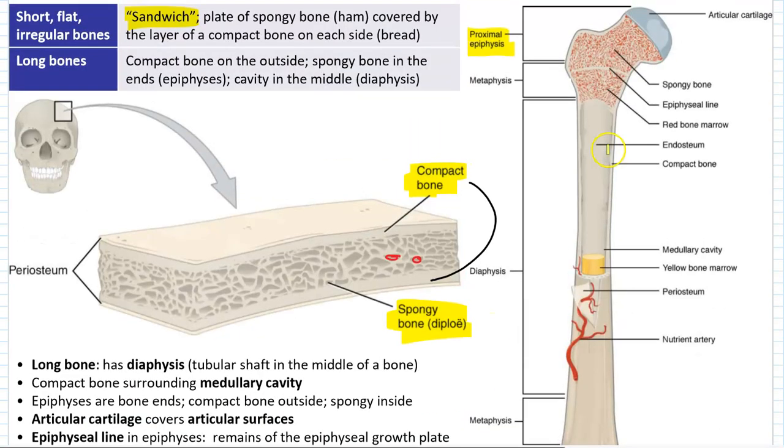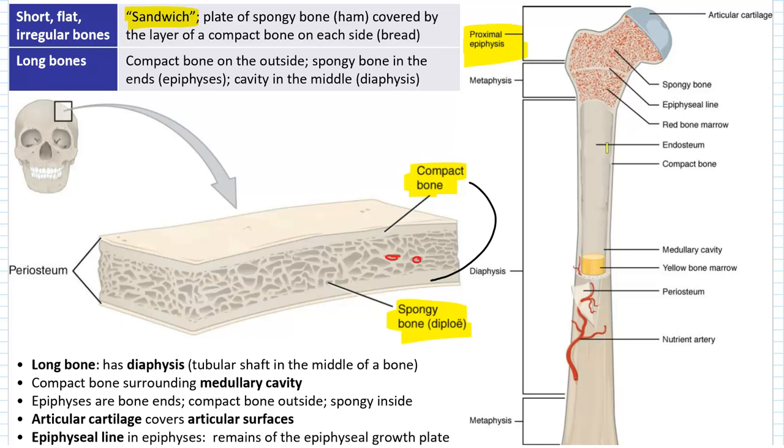Would anyone venture a guess what bone we are looking at in this image? Femur. It's a femur. So the upper portion is the head of the femur, therefore proximal epiphysis. It's closer. Clear? And the other end is distal.